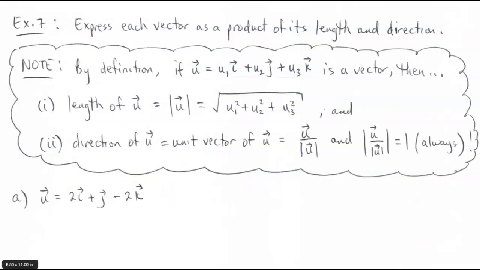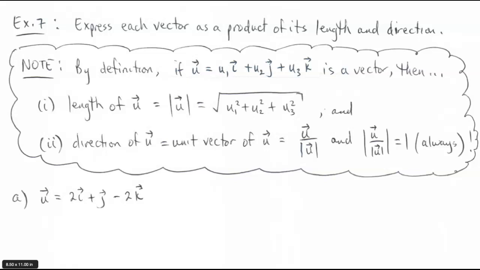So for example number 7, we are asked to express each vector that we're given as a product of its length and direction. I went over this in the part 1 video. Essentially, once we find the unit vector, we're going to write this vector as a linear combination of the unit vector.